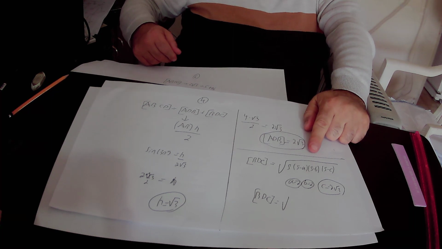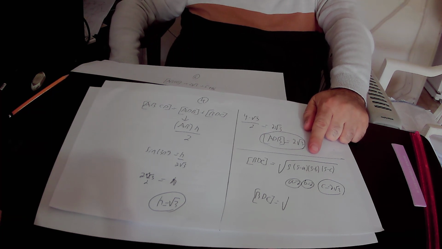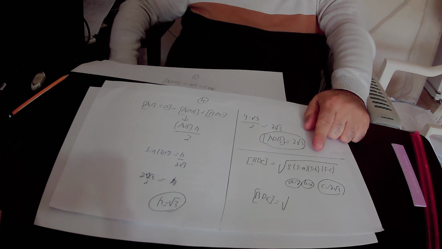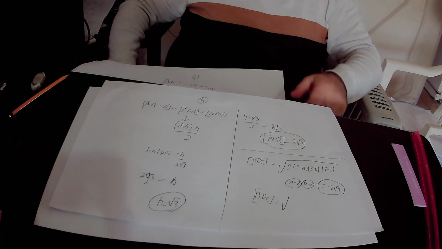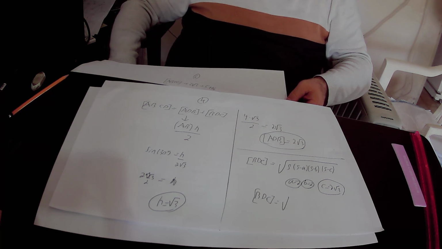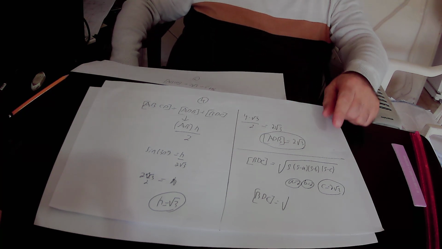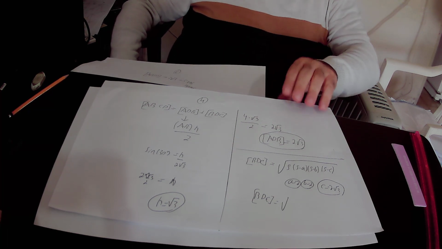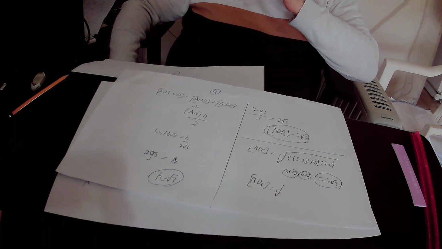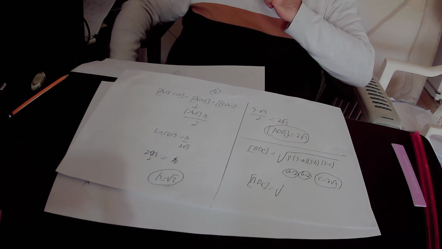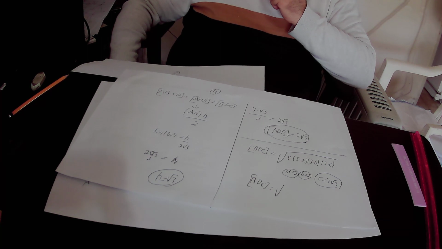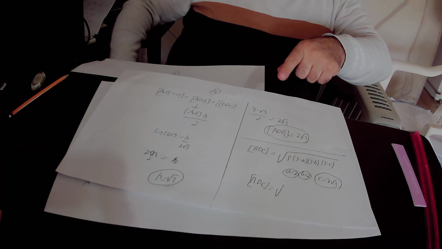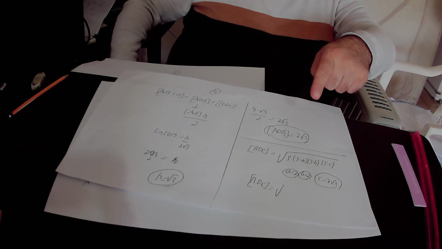When we put the value of S inside this equation, we get that the area of triangle BDC equals square root of 3 units, and the area of quadrilateral ABCD equals the area of triangle ADB plus the area of triangle BDC, that is actually 2 times square root of 3 units plus 1 times square root of 3 units.